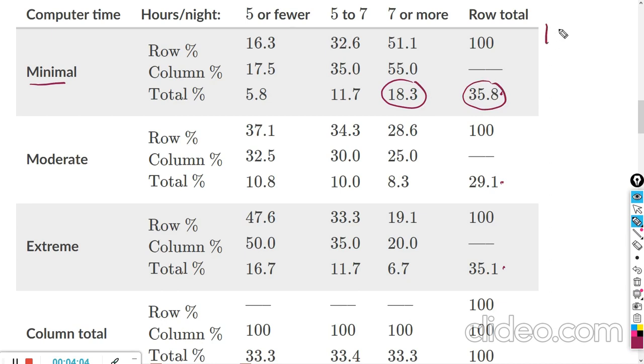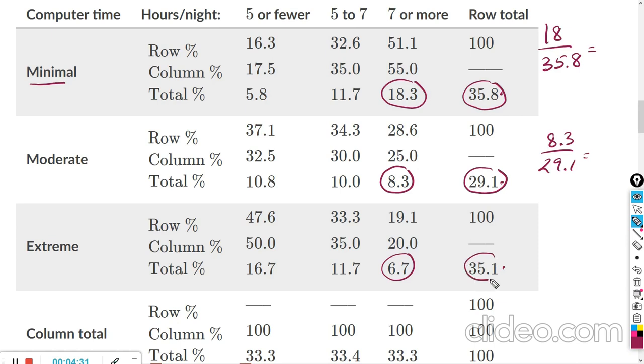Okay, so we can just divide those. 18.3 divided by 35.8. And then for the moderate users, we have 8.3 out of 29.1. And for the extremes, we have 6.7 out of 35.1.